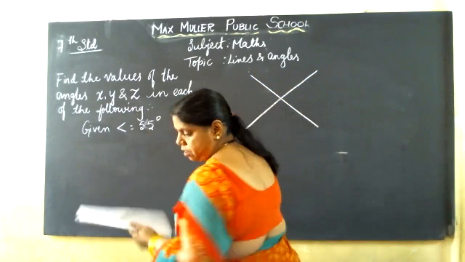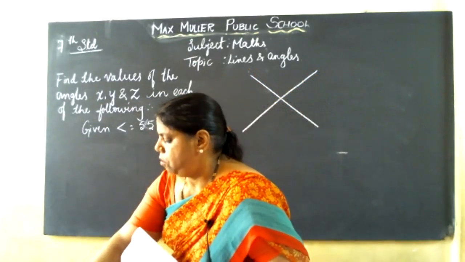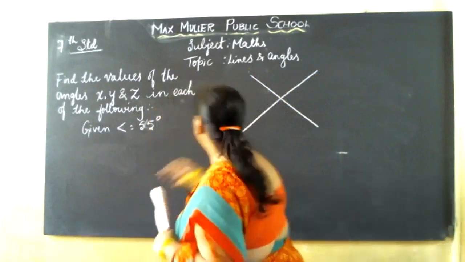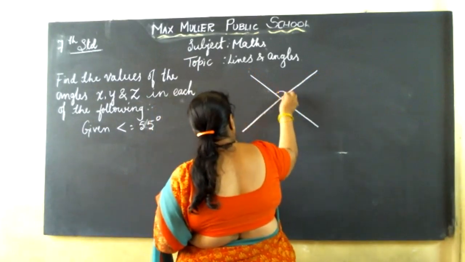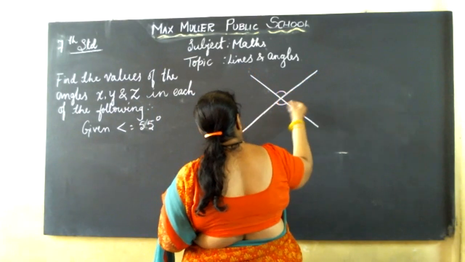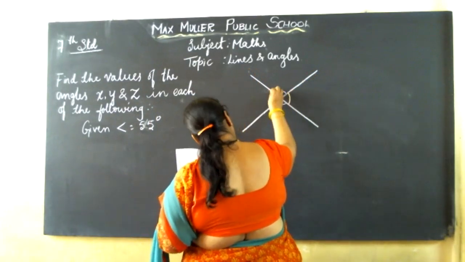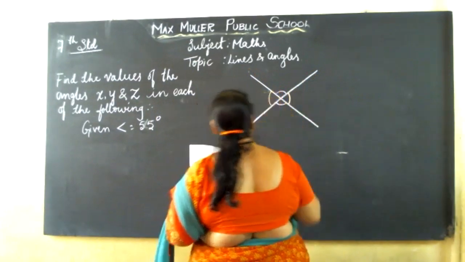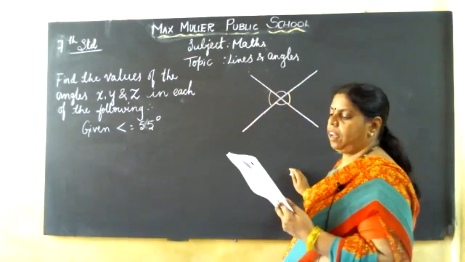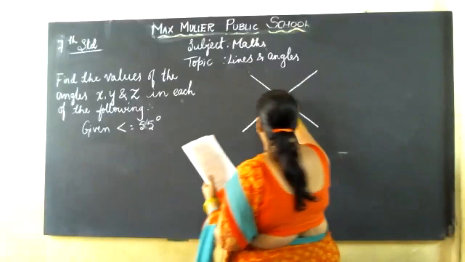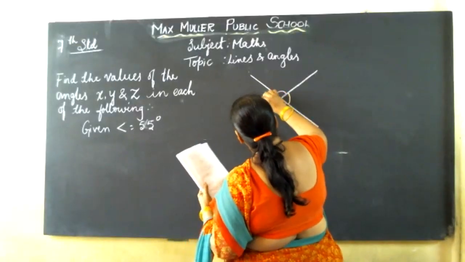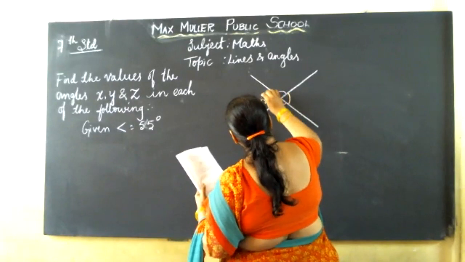Okay. Now, see, I am giving in another shade. Why? It is opposite angles are equal. Okay. And one angle is 55 degree.